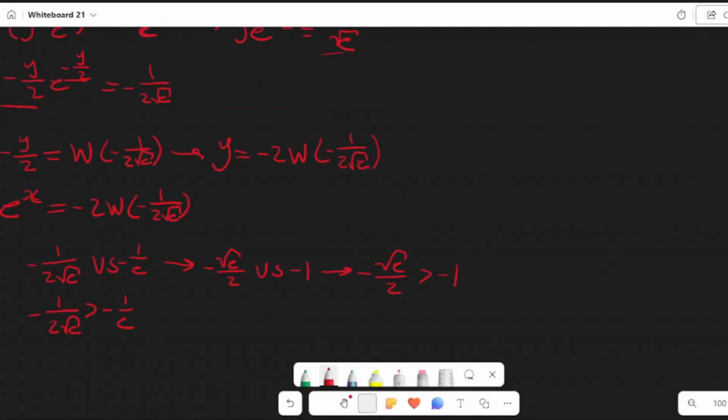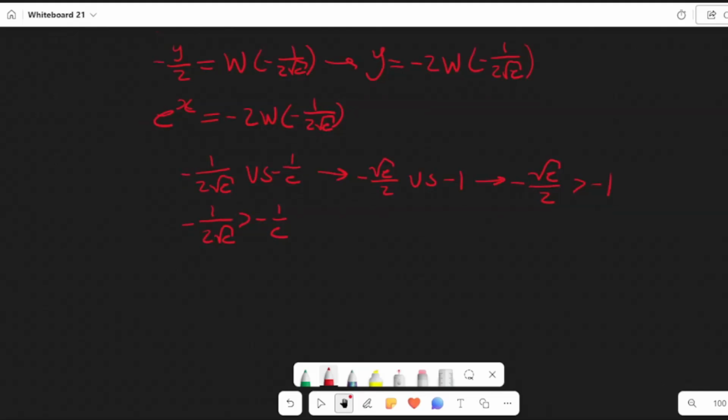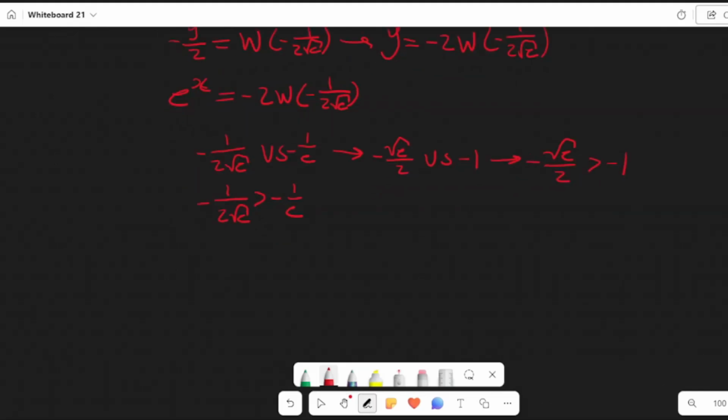For that reason, the zeroth branch in this case will not work, because if we take the zeroth branch, we will know that this is a positive number, and in turn this entire value will be negative, and the natural log of a negative number will be complex, and we want to avoid complex solutions in this case.